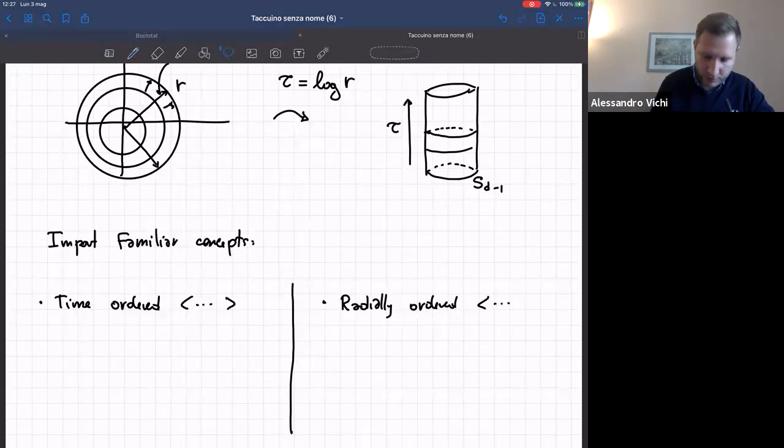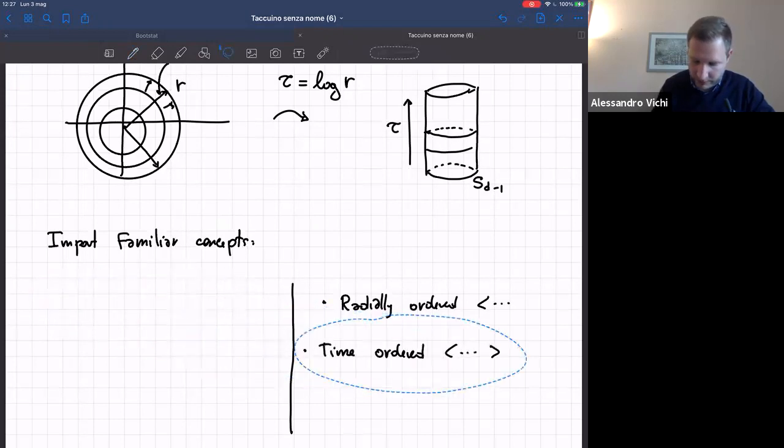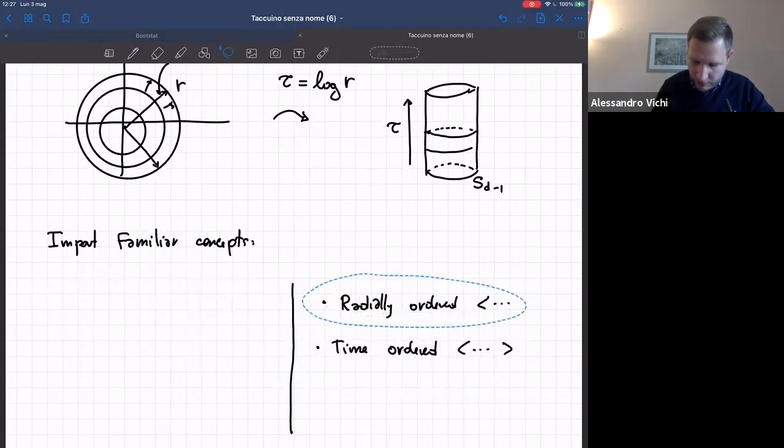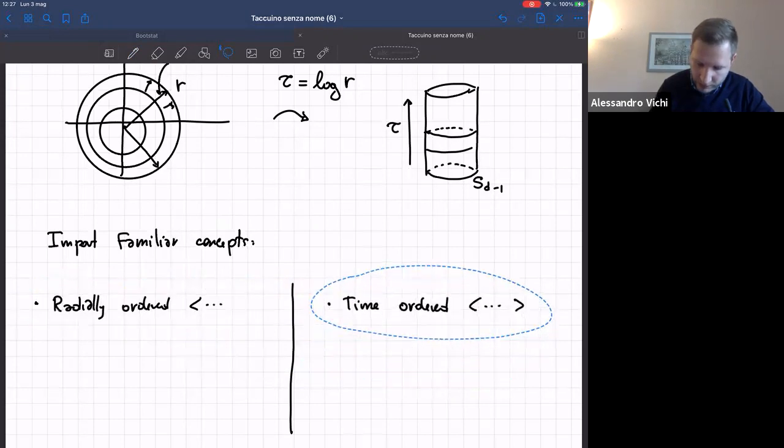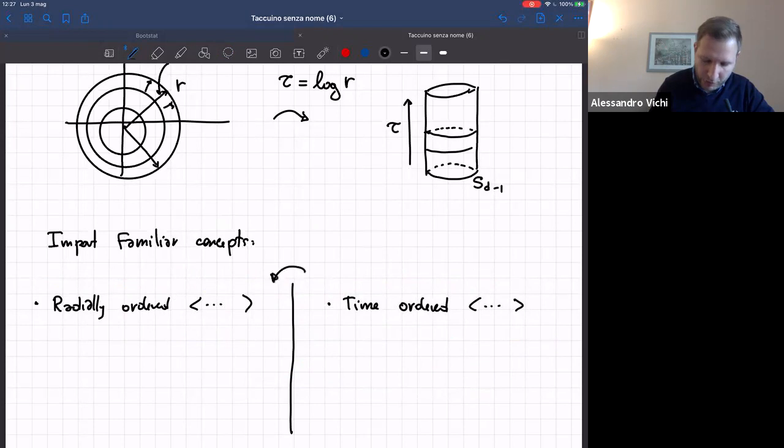Let me bring this to the other side. So I will import in this direction. The correlation functions that make sense in Euclidean conformal field theory are radially ordered correlation functions. So this you have to keep in mind.